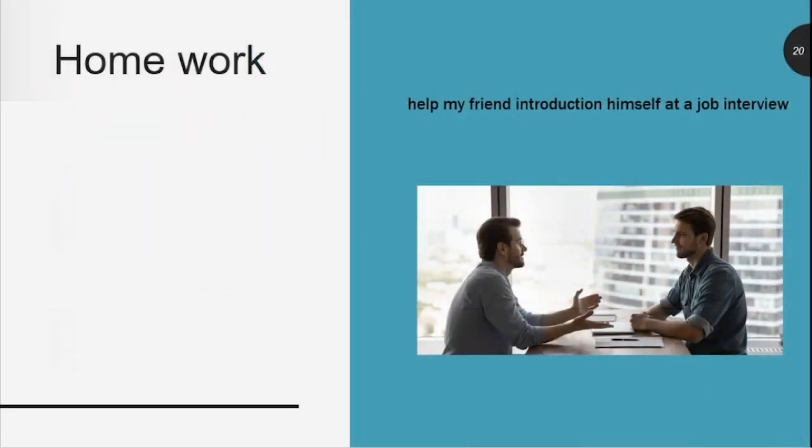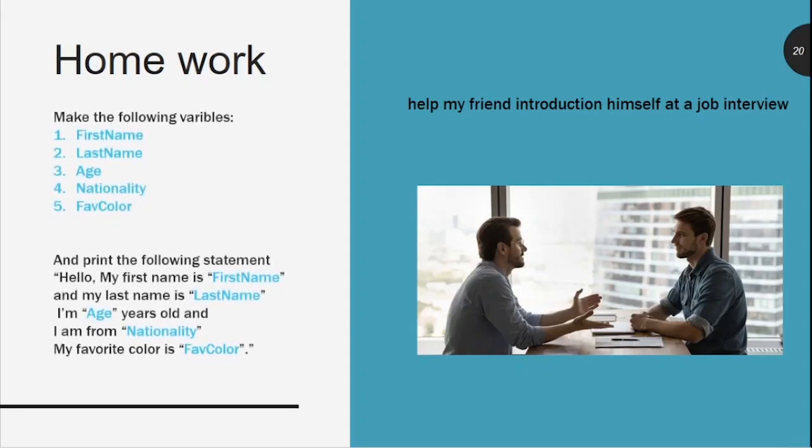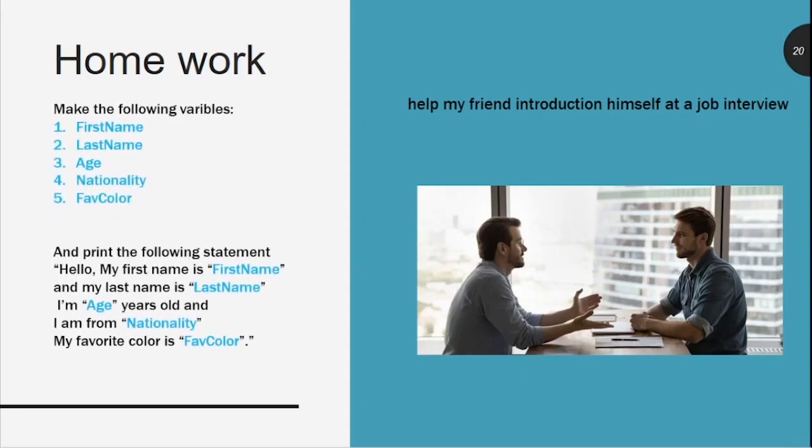And let's talk about the homework of today's session. Look at the picture. This is my friend. You should help my friend introduce himself at a job interview. You should make the following variables: first name, last name, age, nationality, and favorite color, and print the following statement. Hello, my name is, and you put the first name variable here with its value.